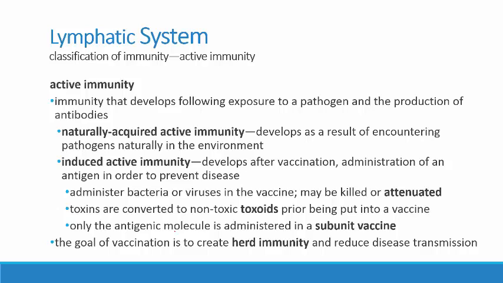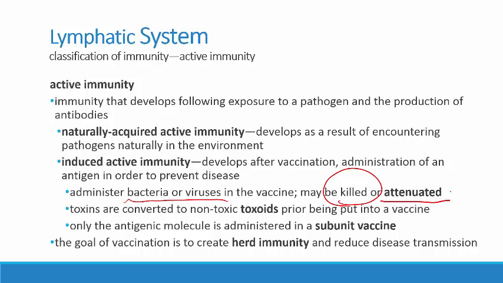And there are several different ways that a vaccine can be built. It may be that you actually administer bacterial cells and virus particles into the body after they've been killed, or at the very least attenuated.